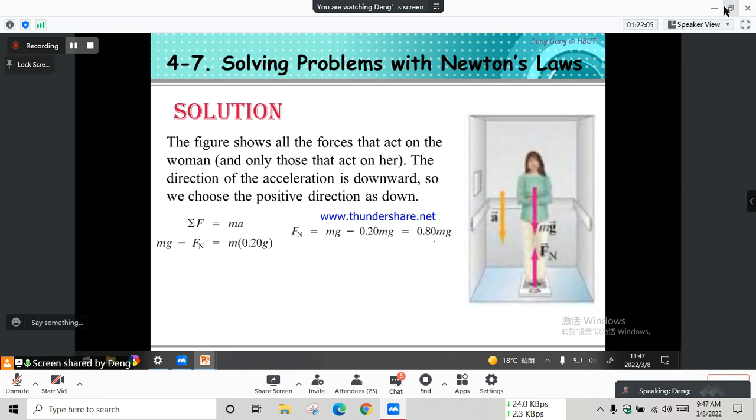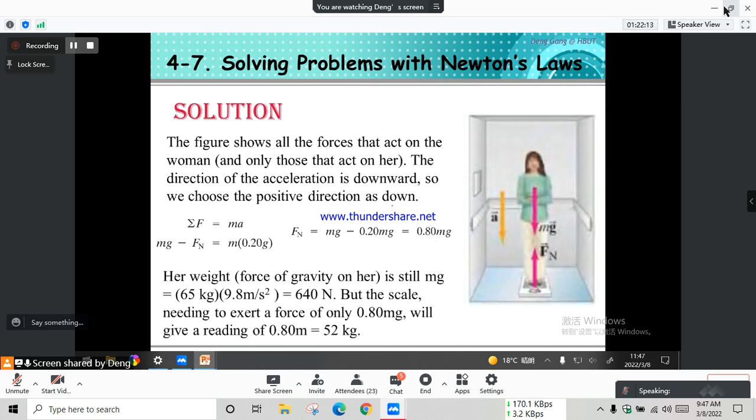I'm not that heavy. But it's not the truth. Her weight should read 65, but now the reading is 52.